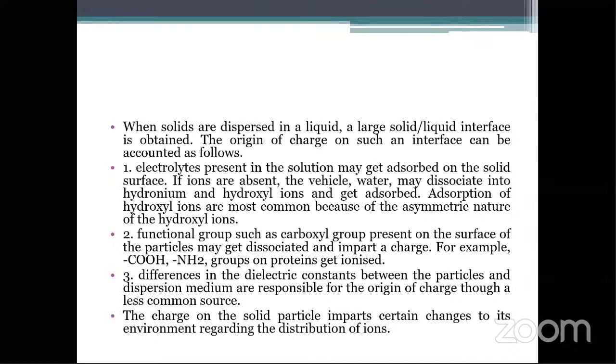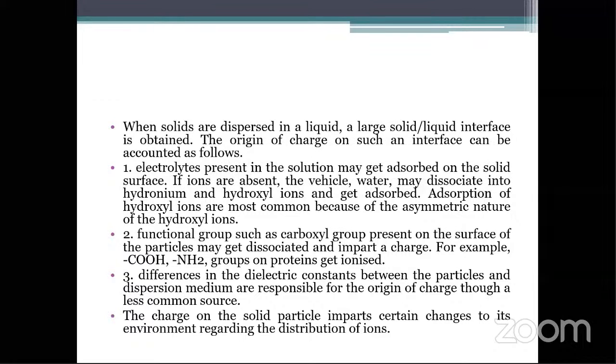Now the question is, what is the origin of this charge? The first reason is that electrolyte present in the solution may get adsorbed on the solid surface. If ions are absent, the vehicle, that means water, may dissociate into two ions, hydronium ion and hydroxyl ion. After dissociation, they will get adsorbed.